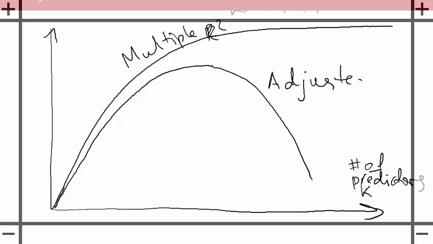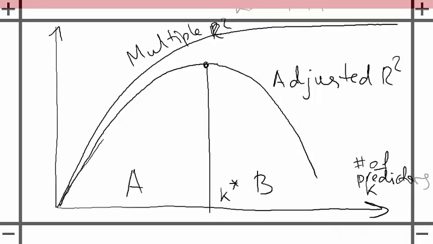Adjusted R squared keeps climbing as long as you keep adding really valuable, significant predictors. But once you start adding things that are not really contributing anything to the model, adjusted R squared will start falling down. So from that standpoint, this is your optimal model size. This is your golden K, the number of variables. So here's what happens. If I'm in area A, let me call the other one area B, A and B. In area A, I keep adding valuable predictors.